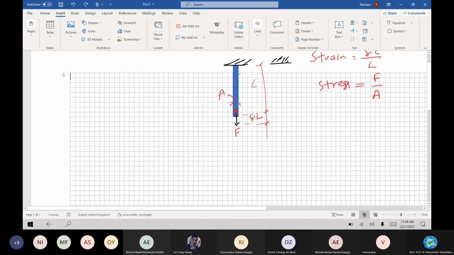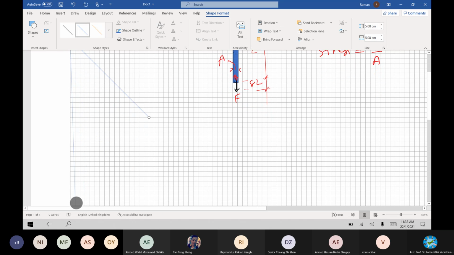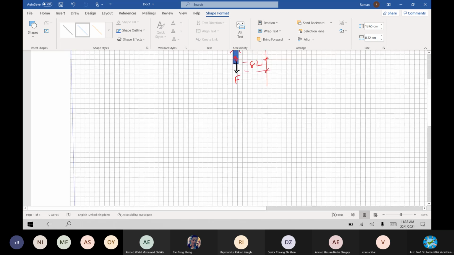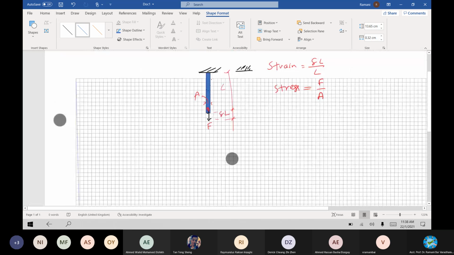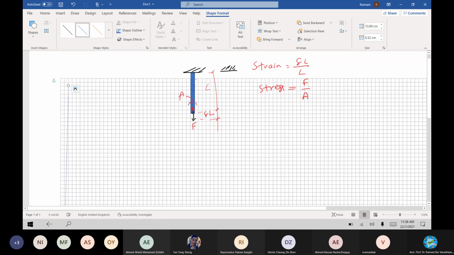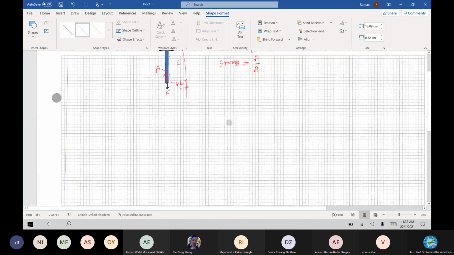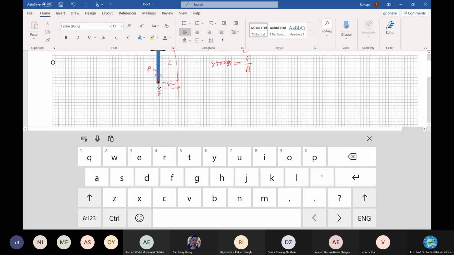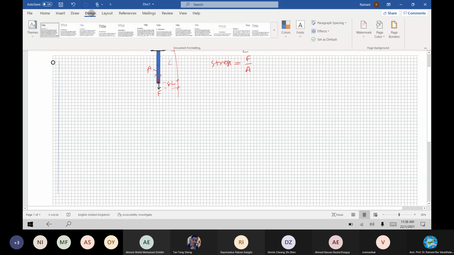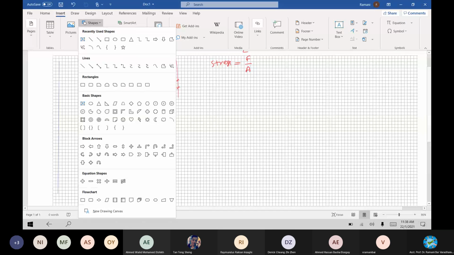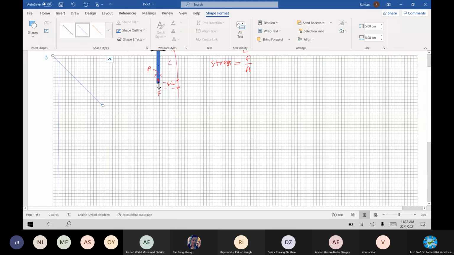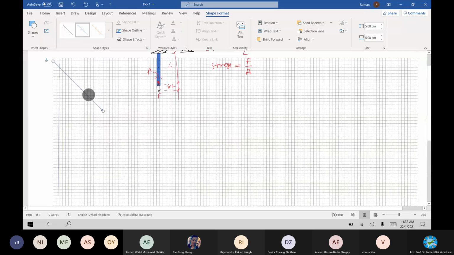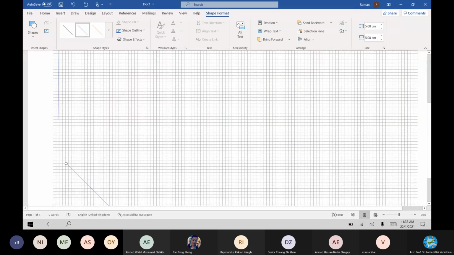I insert a line like this, and the second line I draw as a horizontal line. Let's plot between these two values, which is stress and strain.